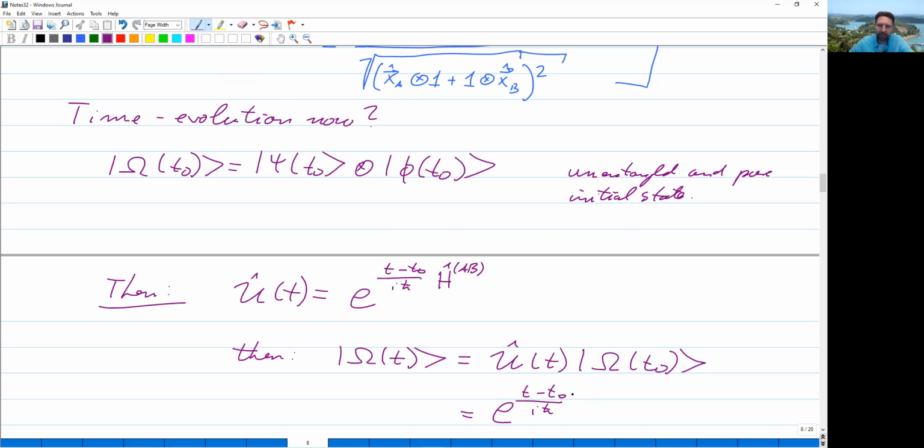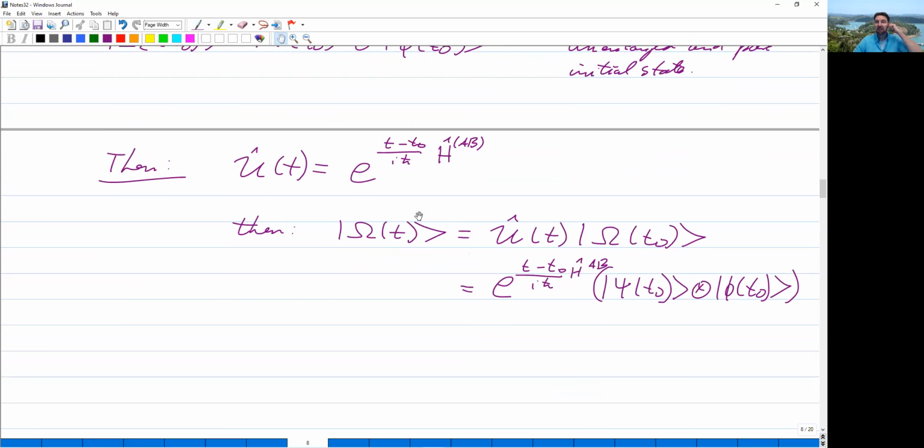All right. So here we have H hat AB, and that's acting on the initial state, which is psi of t naught tensor phi of t naught. And it seems that so far so good, nothing really has changed. Just because we introduced an interaction Hamiltonian to the total Hamiltonian, we still calculate the total state as before.